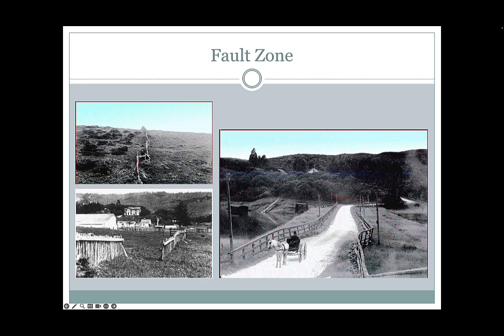Here we can see there's actually a person there with his arms outstretched, and it looks like this fence was offset by about 5 or 6 feet by the San Andreas Fault. We're seeing the same thing of the offset of this fence here and also this road here. So faults are not something where everything shifts and then shifts back to where it was. They're constantly moving and shifting things in one direction or the other.